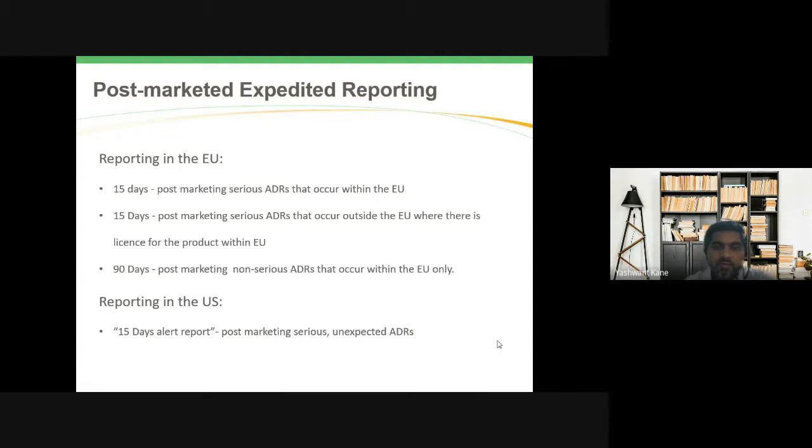Non-serious generally needs to be reported in 90 days, and post-marketing serious cases that occur outside of the EU also need to be reported to the European Union in 15 days. And reporting in the US, a 15-day alert report goes for post-marketing expedited reporting.